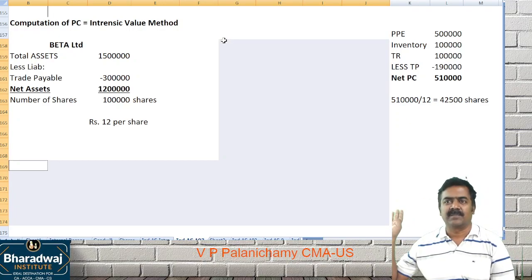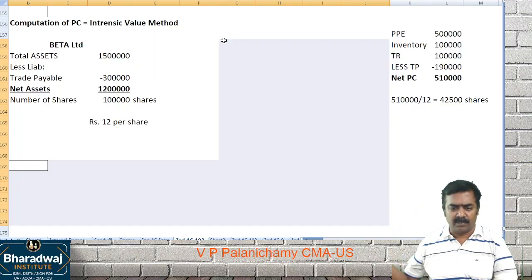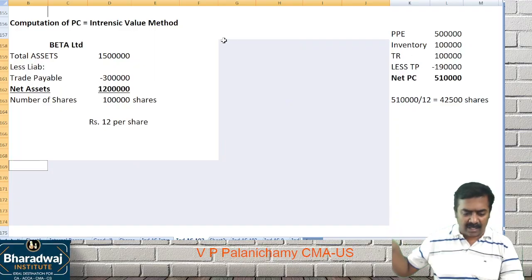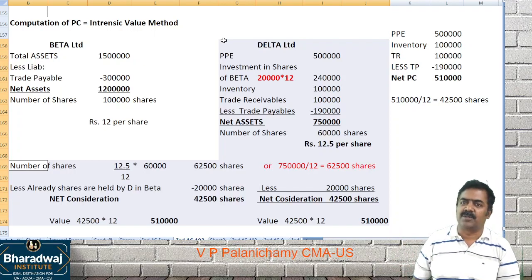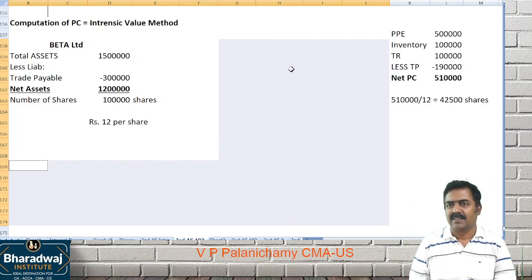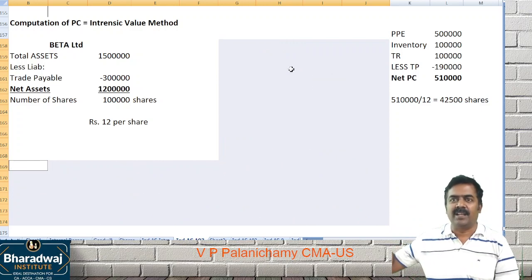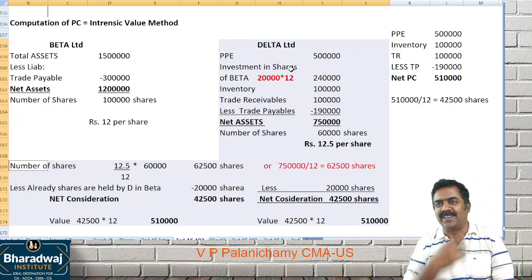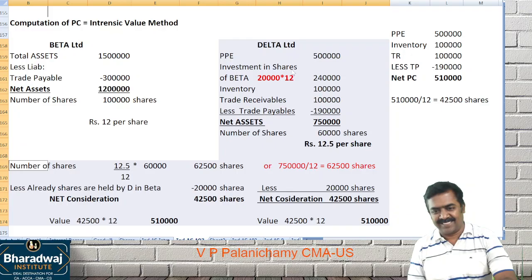What is the consideration? 5,10,000, done. Okay, so this is the shortcut way. Work out this also, or take up this also. This is your suggested answer method. I could have finished it directly, but when you go tomorrow and look at the suggested answer, you will wonder how it looks and think that none of this working was done. That is why.